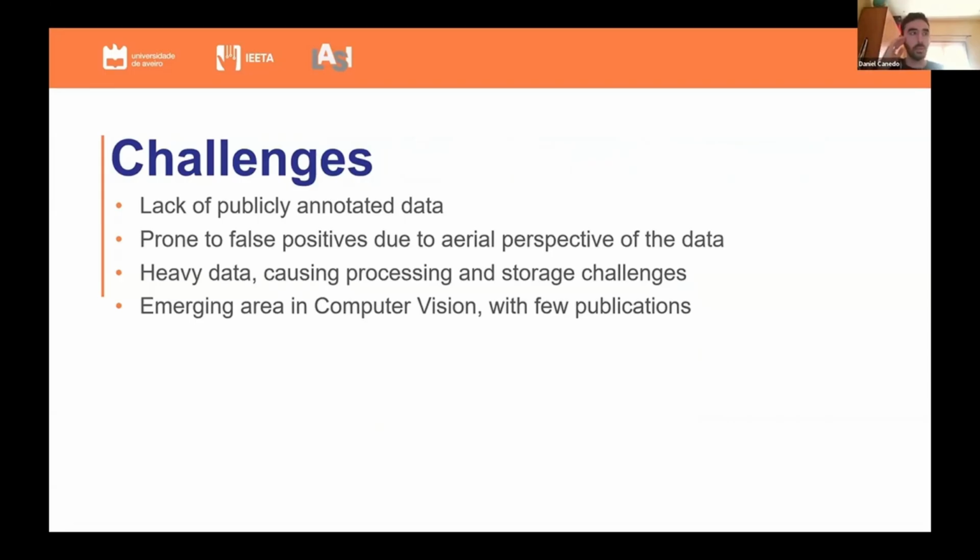Since the perspective is top-down, we can only see the top part of the archaeological sites, and this top part is easily confused with any other element in the landscape, not only for machine learning models, but also for the expert archaeologists that do these kinds of digital surveys. The data is quite heavy, which causes processing and storage challenges, and it's an emerging area in computer vision. It doesn't have many publications that we could inspire ourselves on.